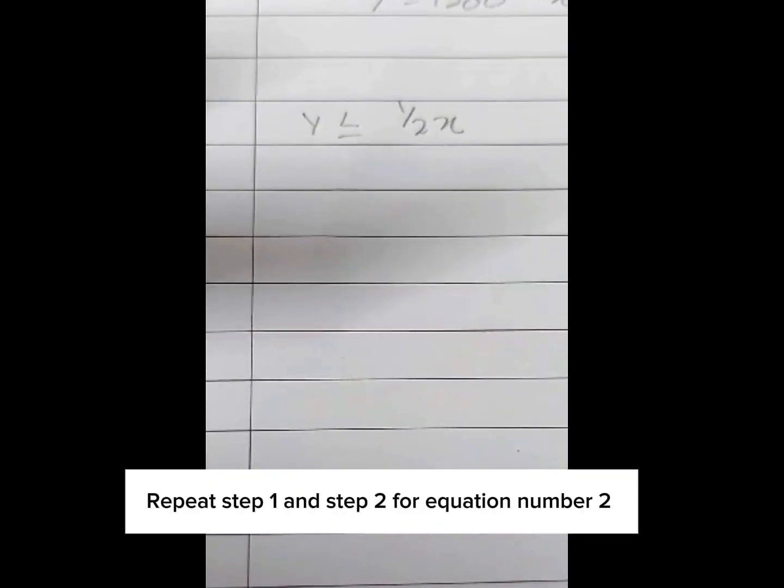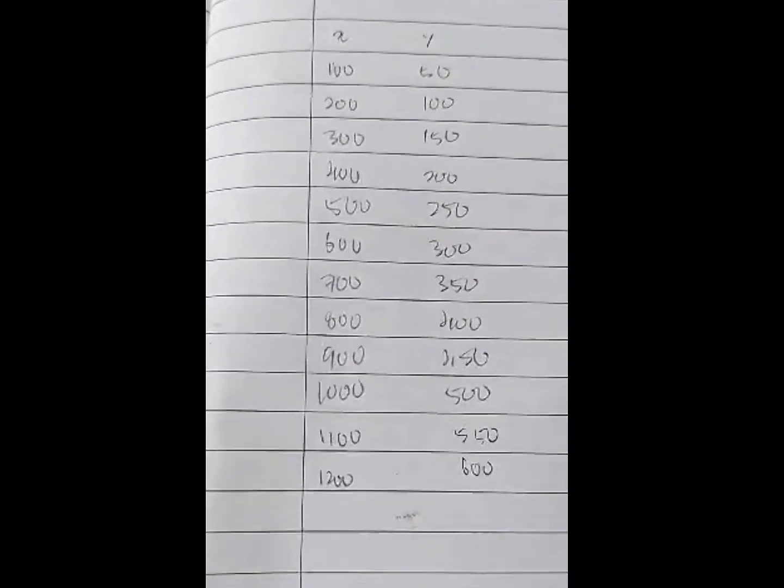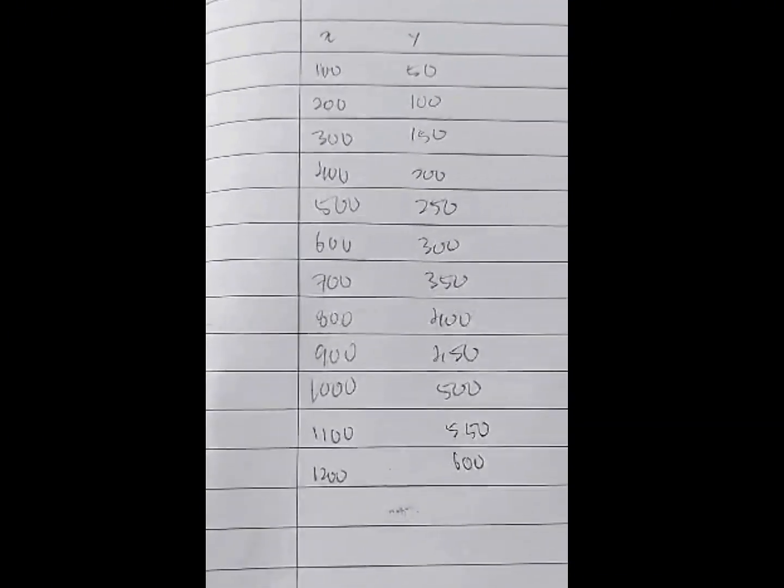The second equation is Y is less than or equal to half of X. So what we need to do is make sure that Y is on one side. And this is what I got for the second equation. The third equation is X is less than or equal to 600 plus 3Y.